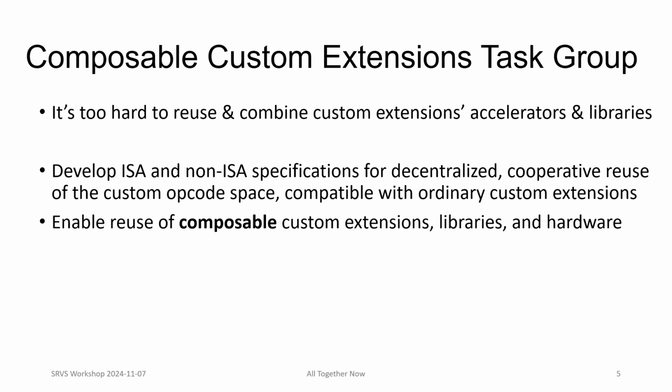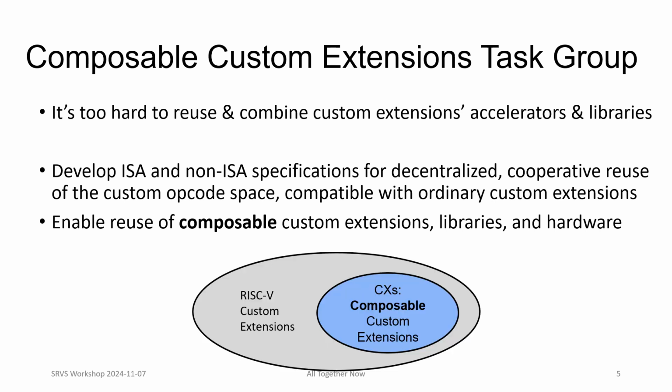This enables routine reuse together in one system of multiple independently authored composable custom extensions, their software libraries, and their modular hardware implementations. To be clear, the group will enable an entirely opt-in, managed subcategory of custom extensions called Composable Custom Extensions that are backwards compatible with uses of other custom extensions.